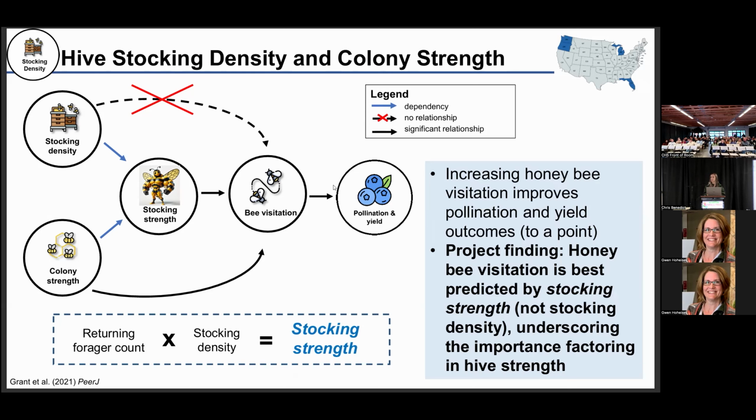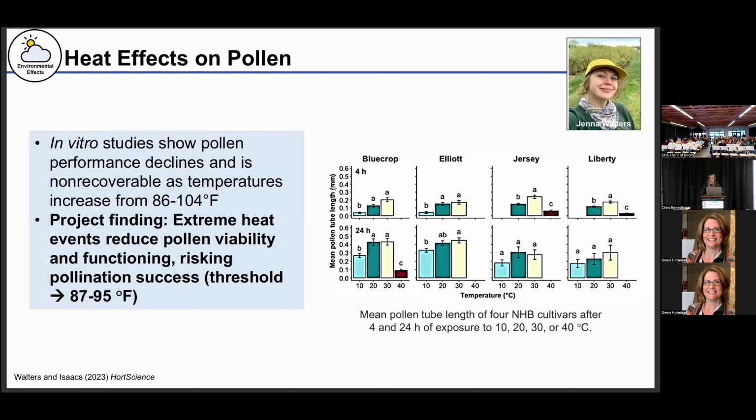So the stocking strength was really important to predict and show the relationship of bee visitation and pollination and yield. So it really underscores that when we come up with these recommendations for stocking bees in field, colony strength really matters. And we're working on trying to distill that into user-friendly recommendations.